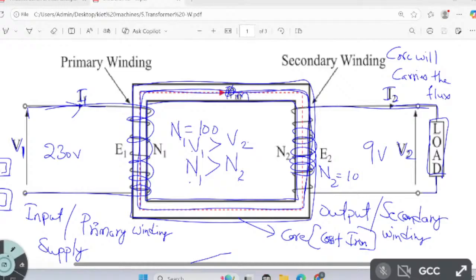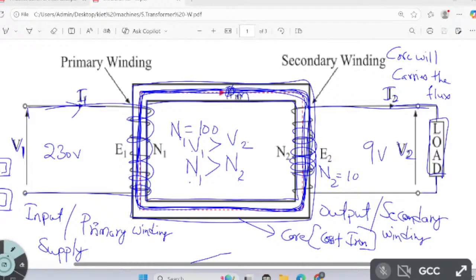We cannot see this one. It will rotate like this. Whenever you are moving nearer to the transformer, you hear one sound. Have you heard about that?